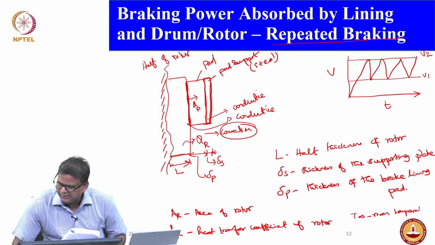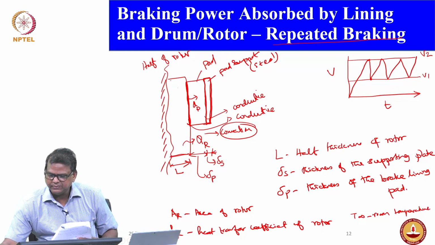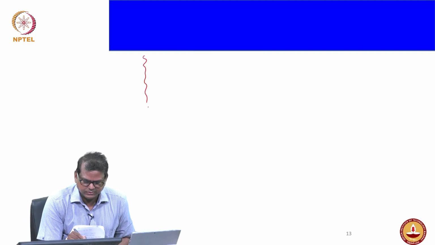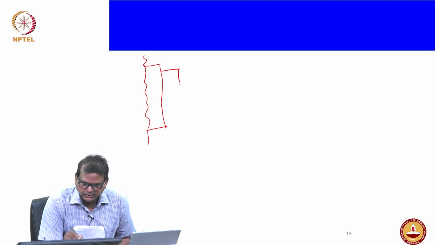Probably I will rewrite again in the next slides for better understanding. So, this is the pad. This is your rotor, sorry, then this is your pad, the brake lining pad, and this is the thickness of your support, right.